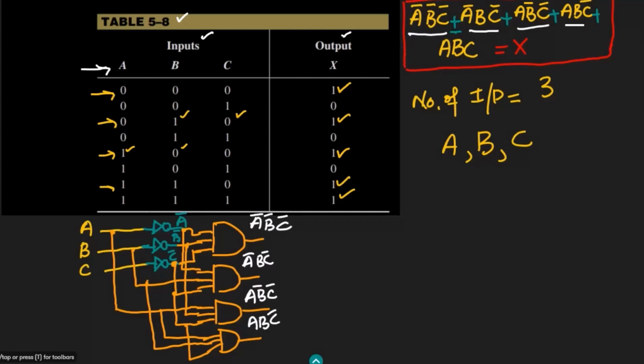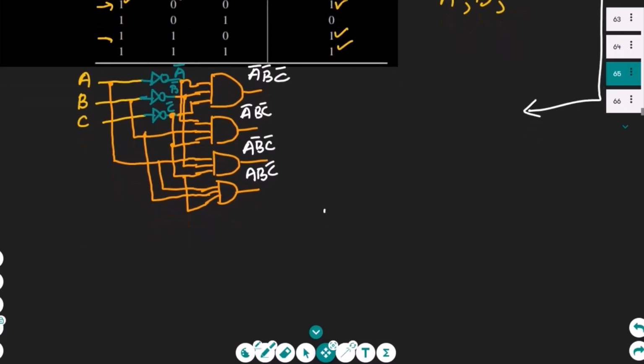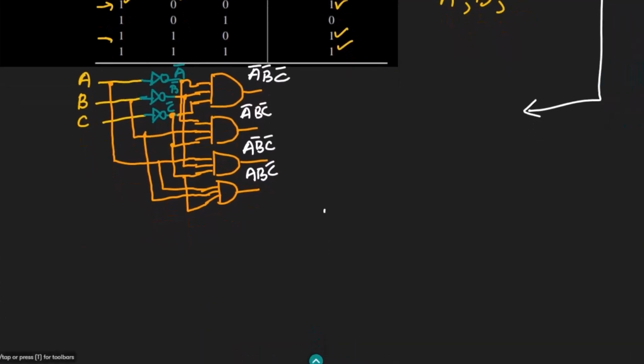And the last gate here is for this ABC. So let me move down, and after it I will add them all together. So this will be the expression, and I am going to implement it here. So let me move down somehow as well. And here the last gate is this 3 input AND gate, and to it ABC is given.